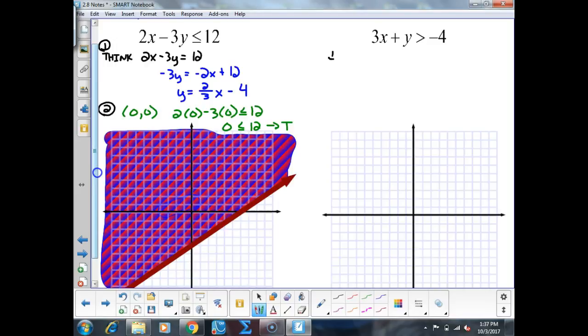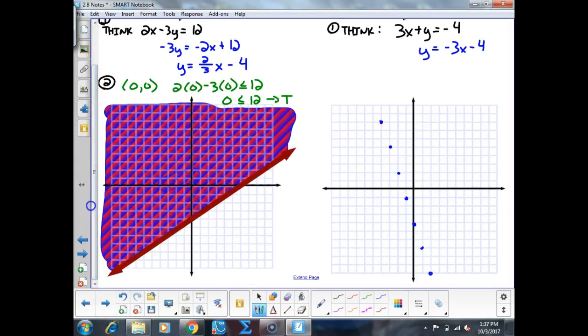Second one, I am so that is 4. There and there.